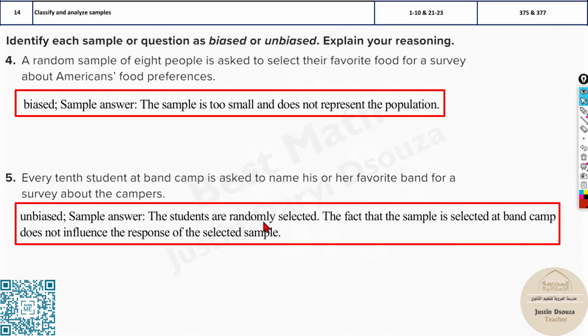So you can tell it's unbiased. They are randomly selected, and the sample is all the band camps. See, now there's one more important thing. They're not just choosing 10 students or 5 students. They're choosing the 10th student of every band camp. Now imagine there are 100. So randomly every 10th will be selected. So that is more than enough. That is a good representation of the population.